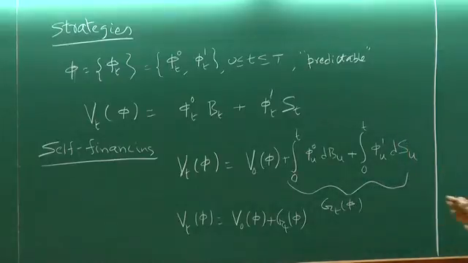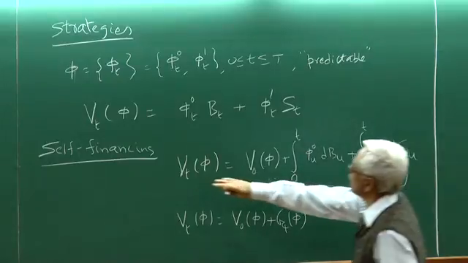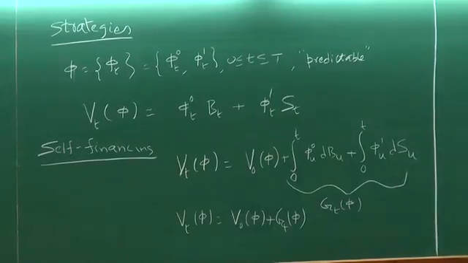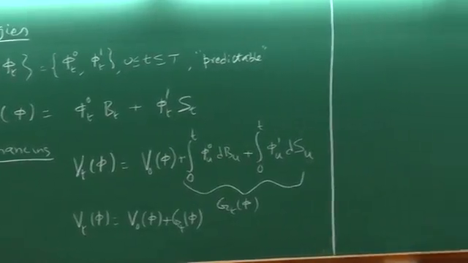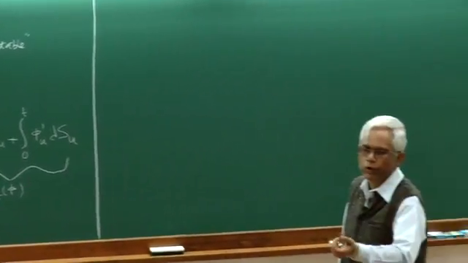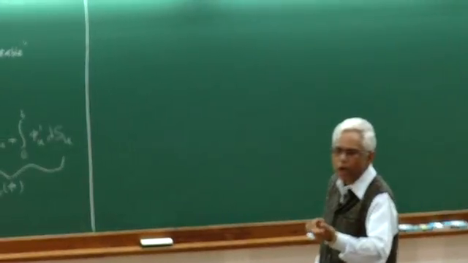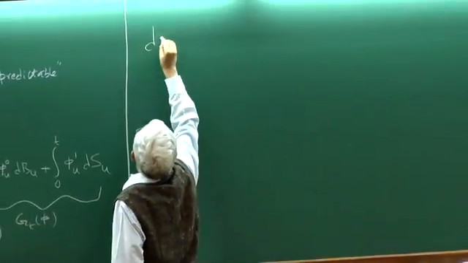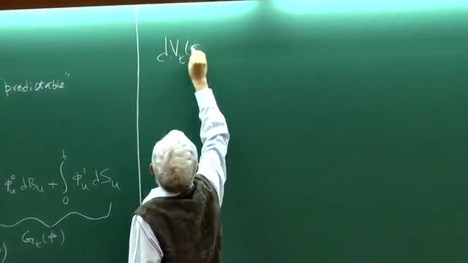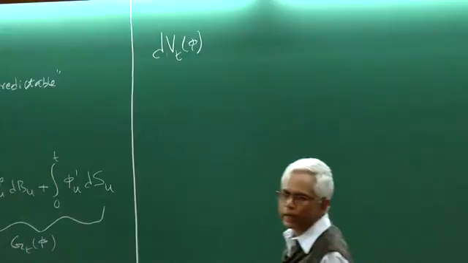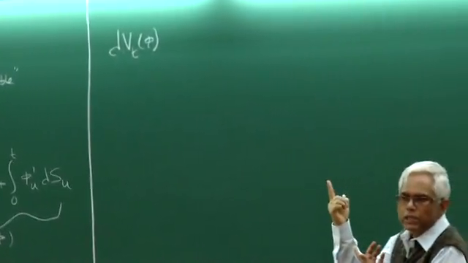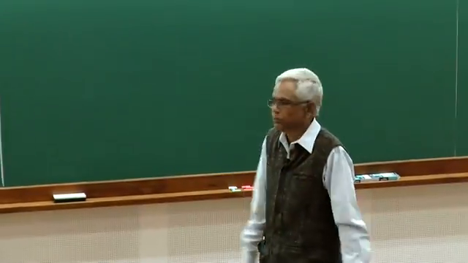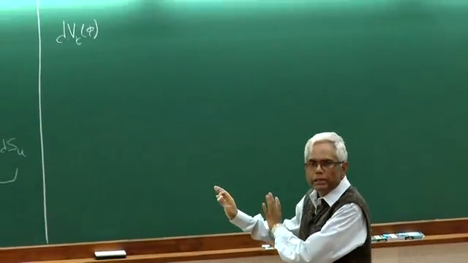From this definition, we come to one thing. This is the value of the portfolio. So what is the infinitesimal change in the portfolio in a small time interval? How much will the portfolio change? That will be dV t of phi, the infinitesimal change in the portfolio in a very small interval of time. Think intuitively; it can be made mathematically precise.